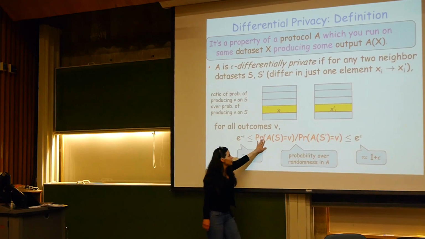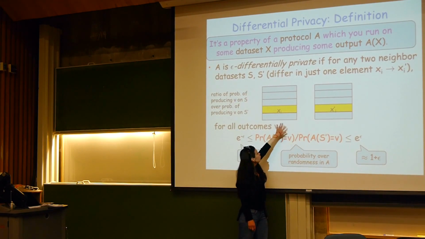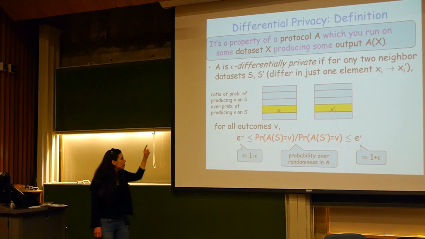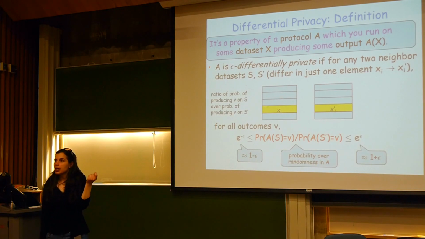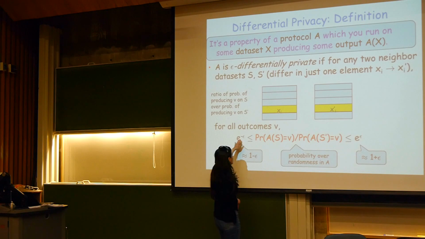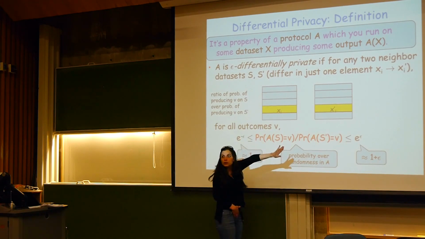In other words, these two probabilities are very close to each other. Formally, this is epsilon differential privacy, with parameter epsilon, and they want this ratio to be between e to the minus epsilon and e to the epsilon.